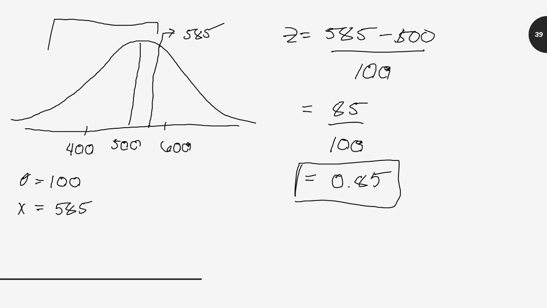And then, based po dyan sa table, meron po tayong makikita na 0.3023 if I'm not mistaken. Opo, tama. Okay, so yung 0.85, this is 0.3023.